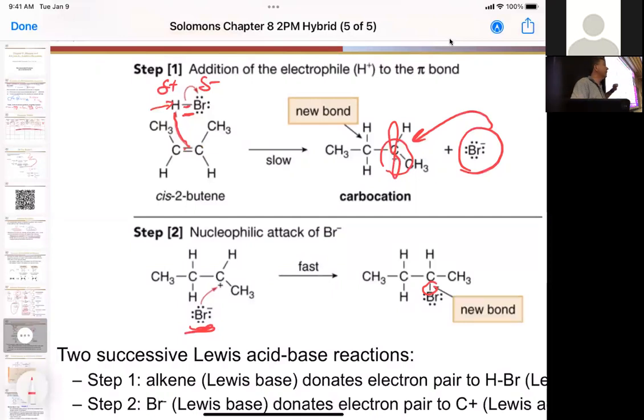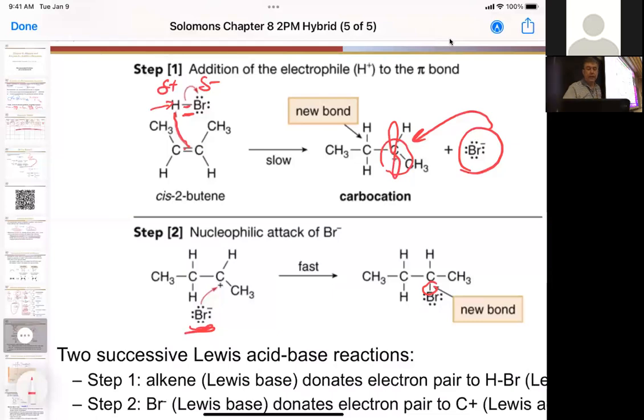Okay, so basically what we're doing here is a nucleophile reacting with an electrophile twice. But we can also look at it as a Lewis base reacting with a Lewis acid. The alkene is the Lewis base because of that pi bond, willing to swing out and make a new sigma bond. And then on the second half, the bromide is the nucleophile that has the electrons and wants to reach out and make the new sigma bond.